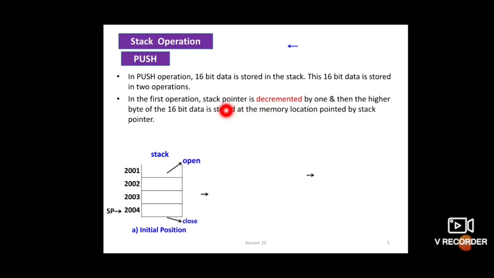See, this is the main point: the stack pointer is decremented by 1. When data is stored in a memory location, at that time the stack pointer is decremented, not incremented. You may think that when data is stored, the pointer is incremented.